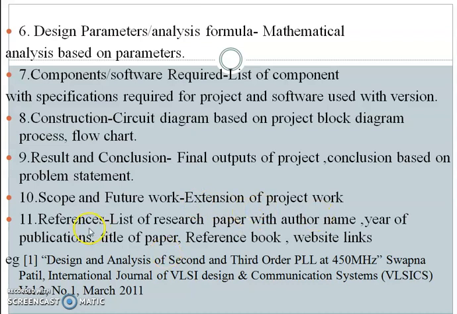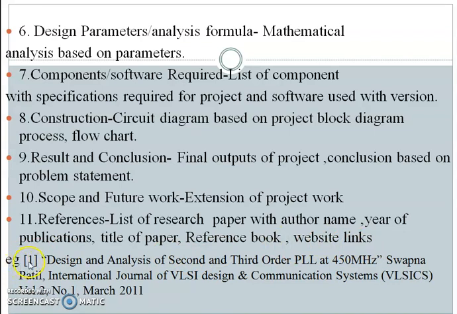References, which is a very important factor of your project work. Here we have to list down the research paper with the author name, year of publication, title of the paper, reference book, and website links. Here I am showing one example of how you can write the references.